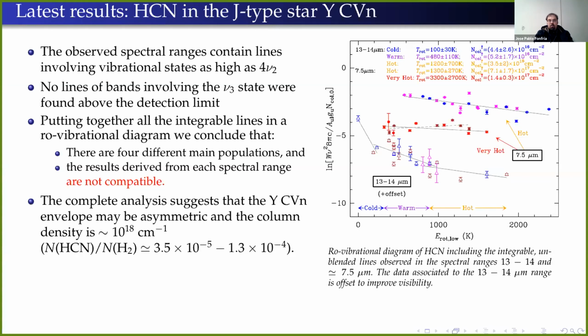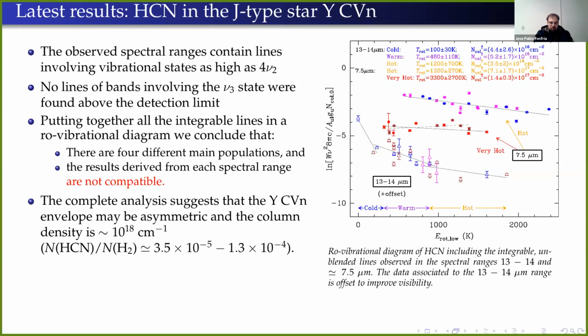The HCN abundance of Y CVn is of the order of 10 to the minus 4, which is somewhat high for a carbon-rich AGB star. This diagram reveals something else. The lines at 7.5 microns are not compatible with the lines at 13.8 microns. However, both spectra were taken during the same nights and with the same instrument.